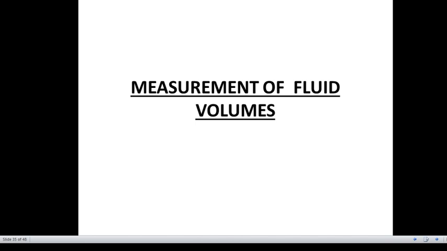Let's move on to the next topic, which is the measurement of fluid volumes in the different body fluid compartments.